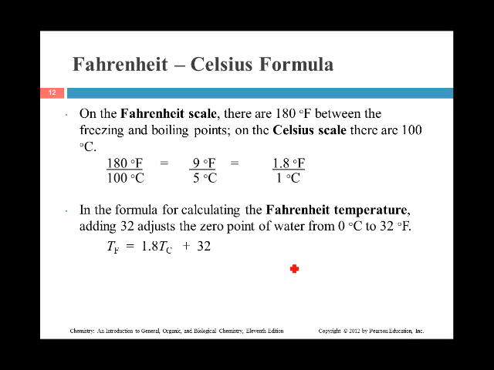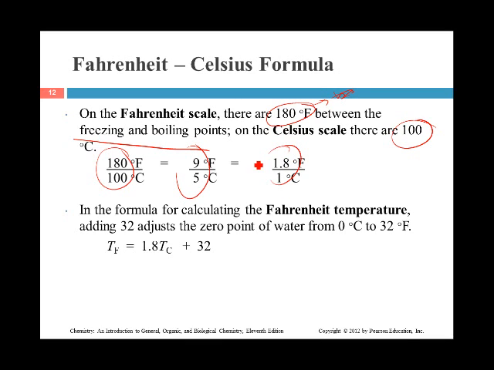Alright, so I had stated before that there's 180 degrees between boiling and freezing of water right here, and there's 100 on the Celsius scale. So from that information, we can figure out how we're going to convert it. 180 over 100 becomes 9/5.